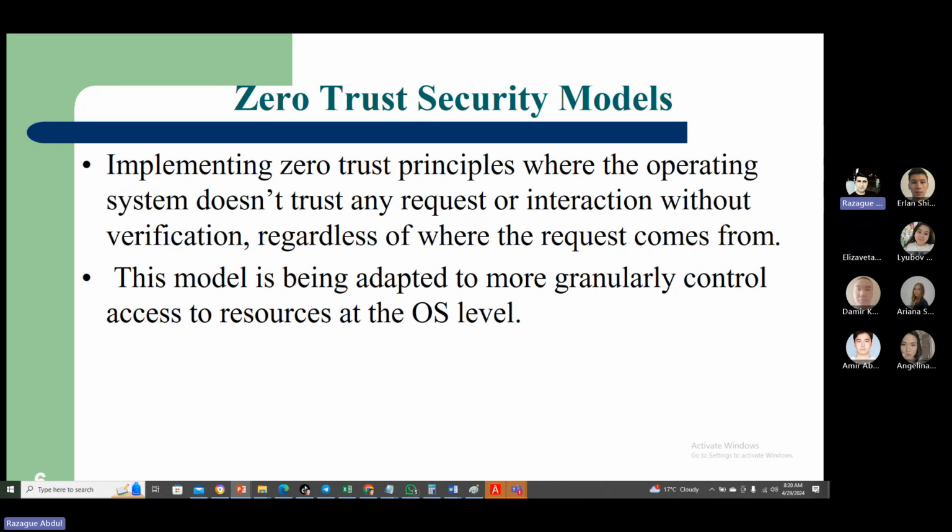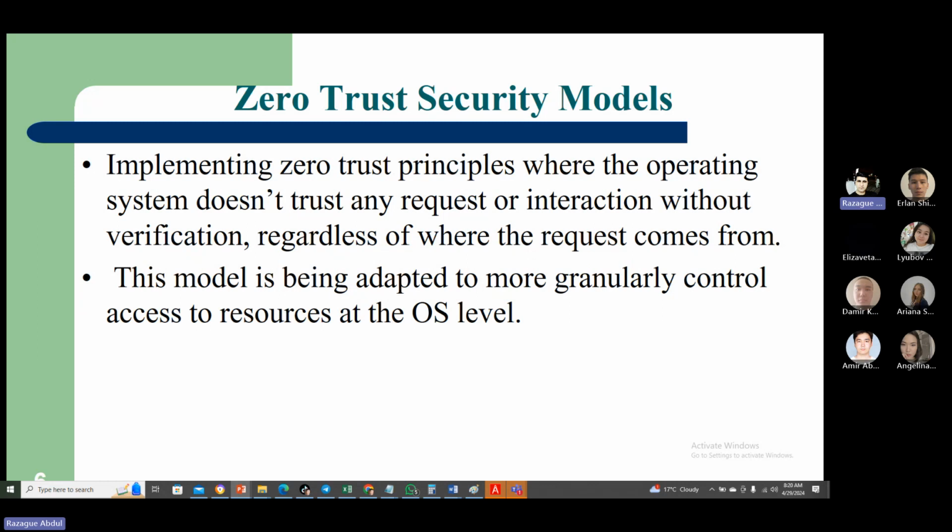In the context of operating systems, this means implementing robust authentication mechanisms that can verify the identity and security posture of users and their devices every time they request access to resources. Multi-factor authentication, biometric data, and behavioral analytics are often employed to strengthen this process.